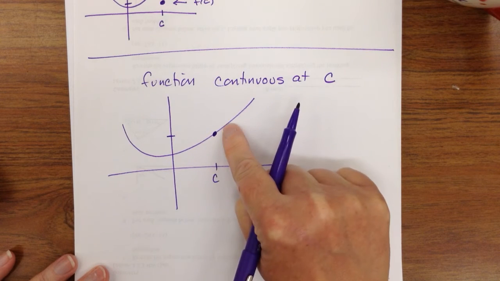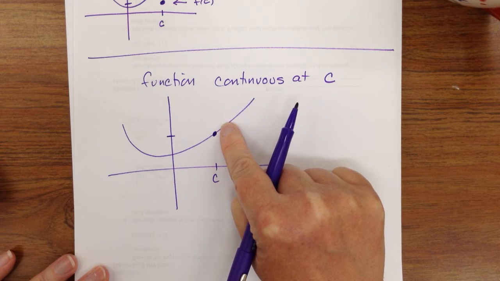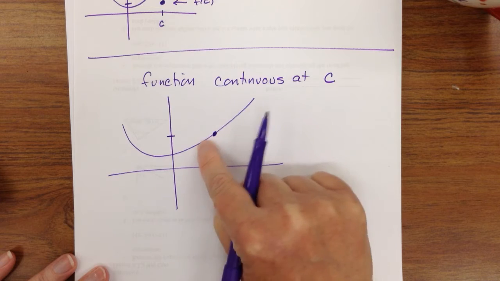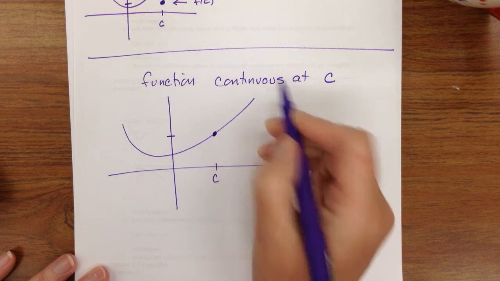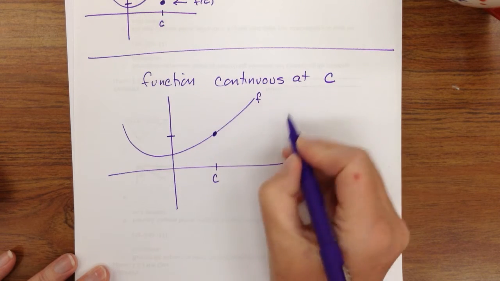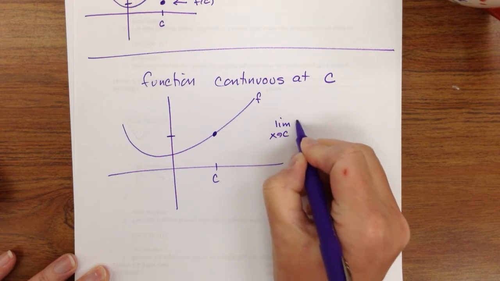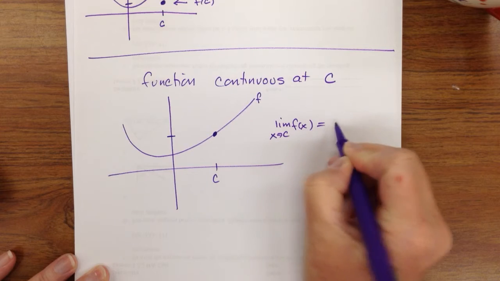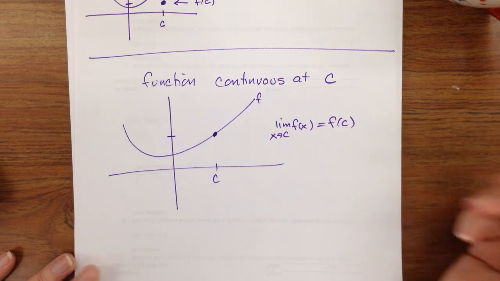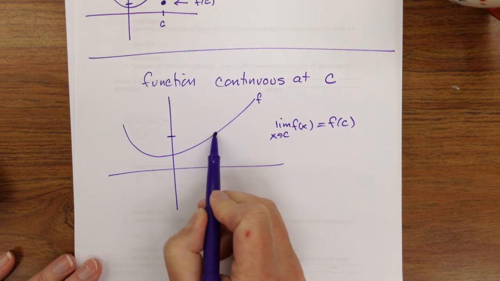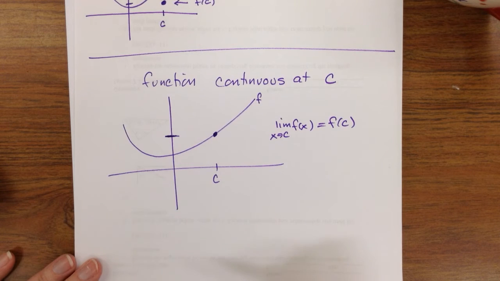If we trace without picking up our pencil, that's the intuitive concept of continuity, and we don't need to do anything fancy here, then if we call this f again, the limit value is equal to the function value. The dot height and the limit height are the same height.